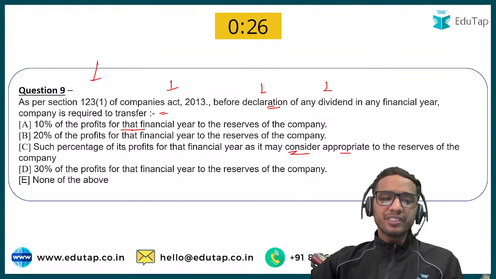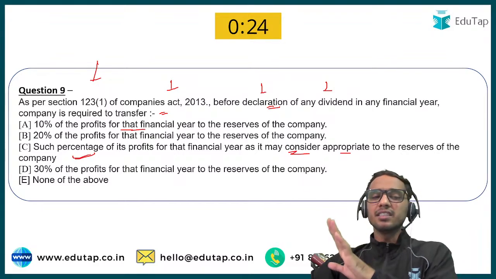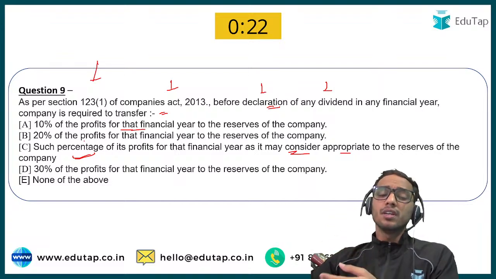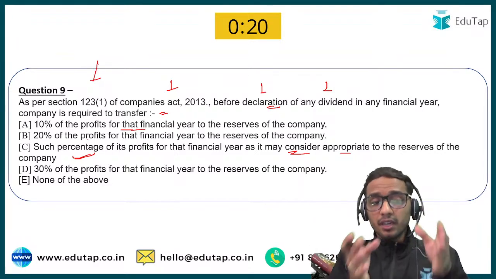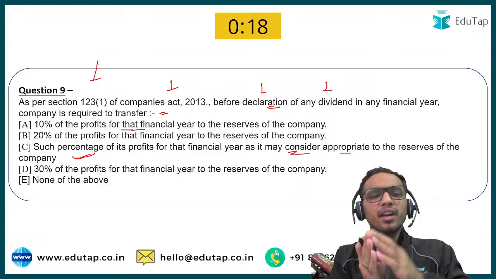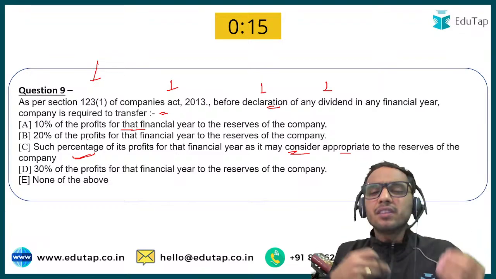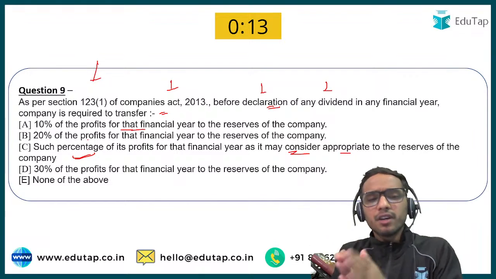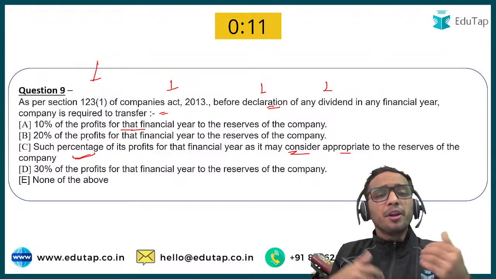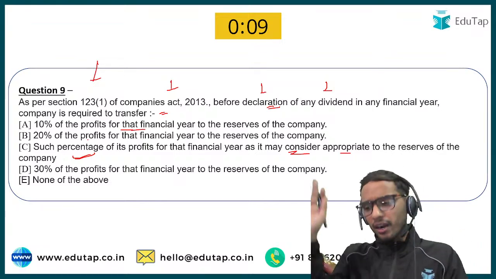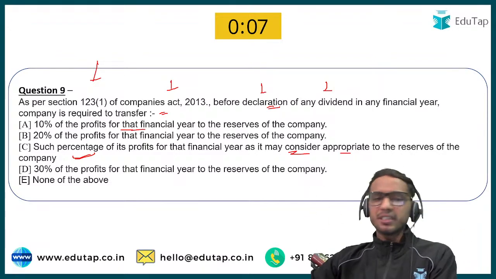Obviously, C is the correct answer, and that is a very easy question. There is no provision which says you have to transfer this much percentage of your profit to the reserve. So whatever the company thinks is appropriate to transfer to the reserve, it is going to do that. So option C would be the correct answer here.